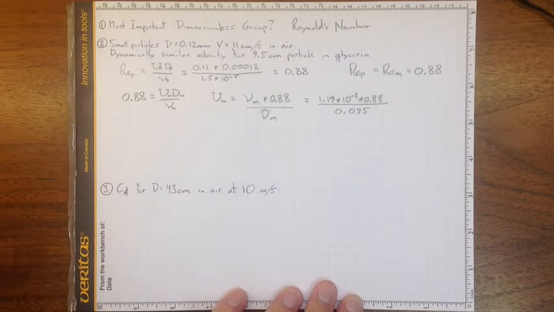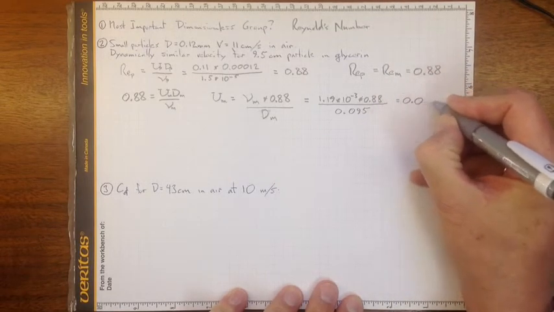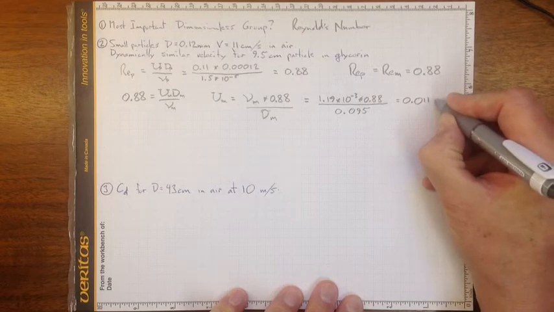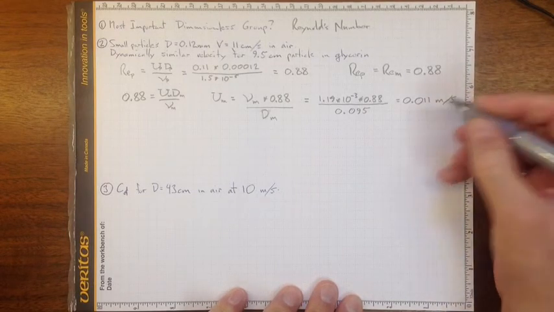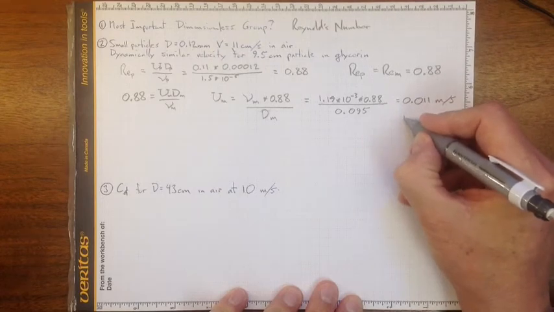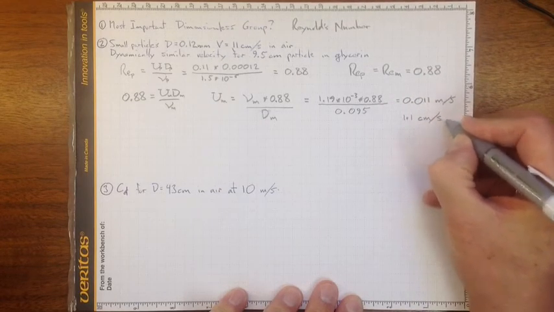0.00119 times 0.88 divided by 0.095 is 0.011 meters per second, or about 1.1 centimeters per second.